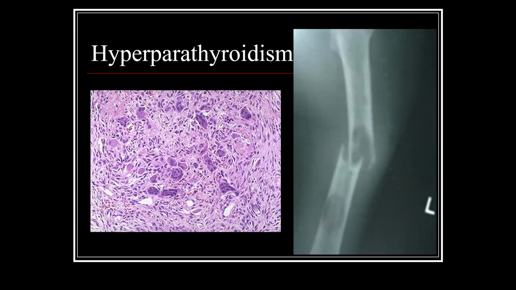And so this is, again, why it's very important to correlate the radiograph with the histology. So seeing this in a diaphyseal location, having this histology, you're going to say, what's the calcium? What's the PTH? Does this patient have hyperparathyroidism? Rather than saying, oh no, this is a giant cell tumor of bone, or even worse, something more aggressive.